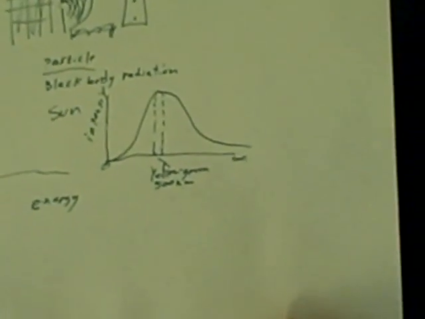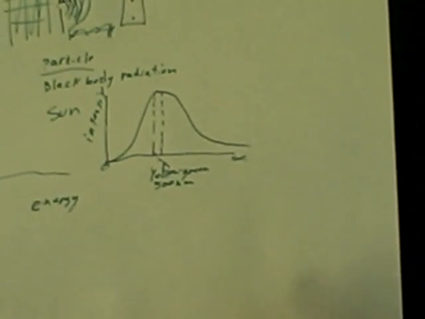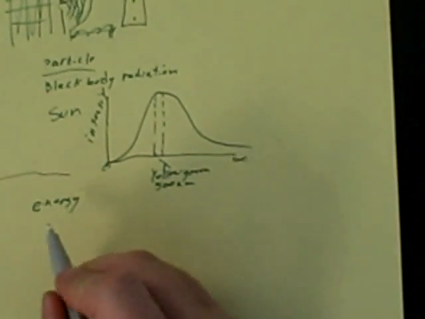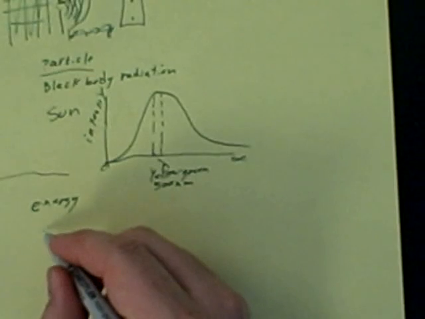But people came in, Max Planck, and he said this can't be right. So there's got to be something different. And he said light is going to be quantized. Now, he didn't actually say that. This is what happened. He found that light was quantized. Now, what do I mean when I say quantized?